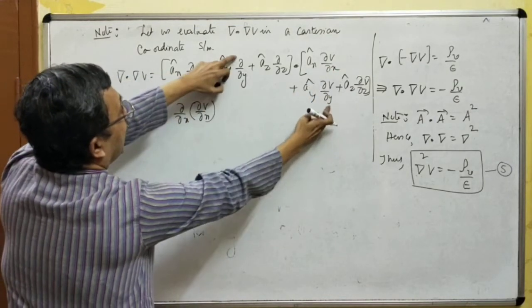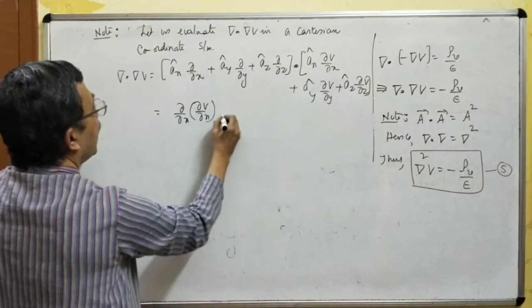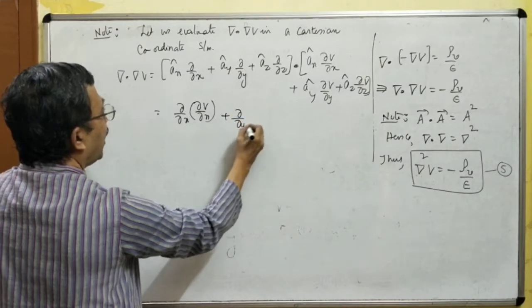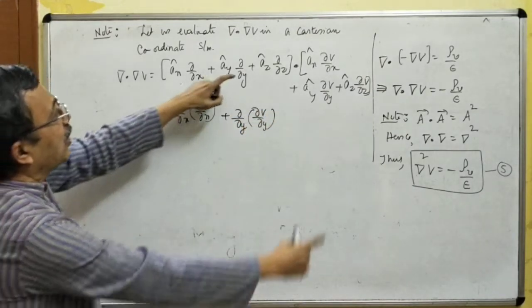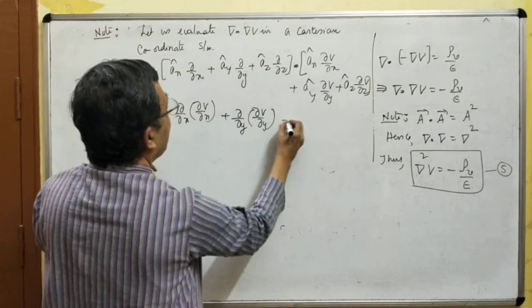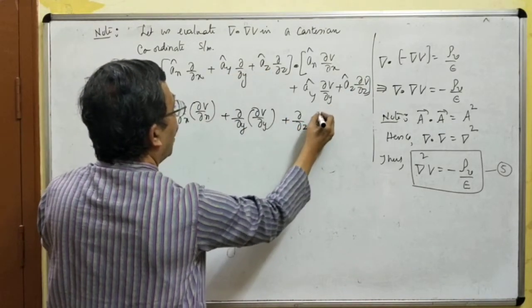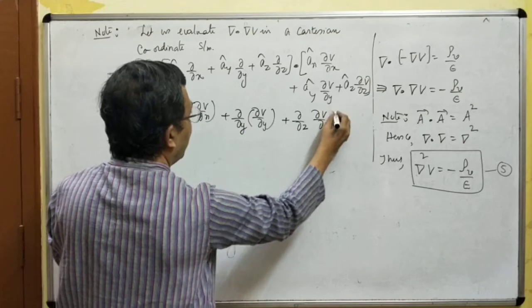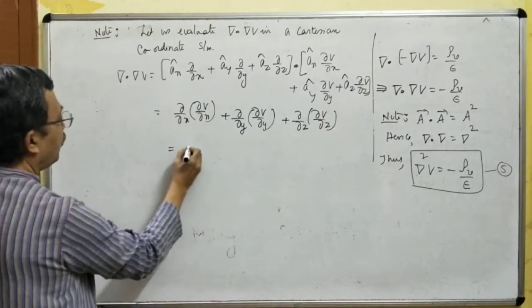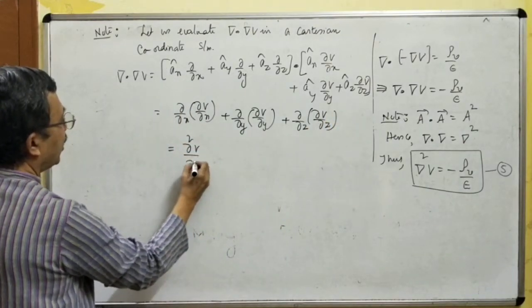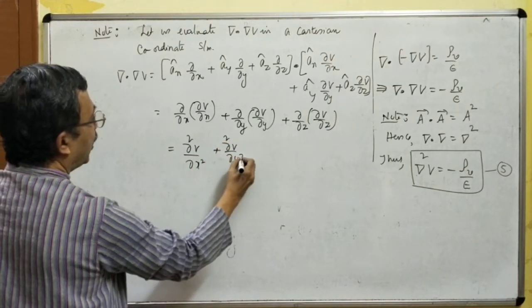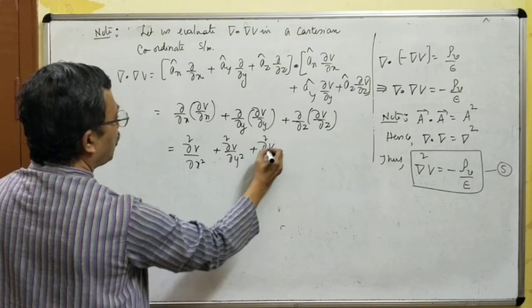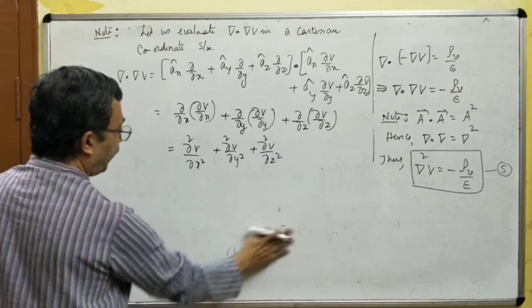Similarly, you get dou by dou y operating on dou V by dou y, and dou by dou z operating on dou V by dou z. So this becomes dou square V by dou x square plus dou square V by dou y square plus dou square V by dou z square.